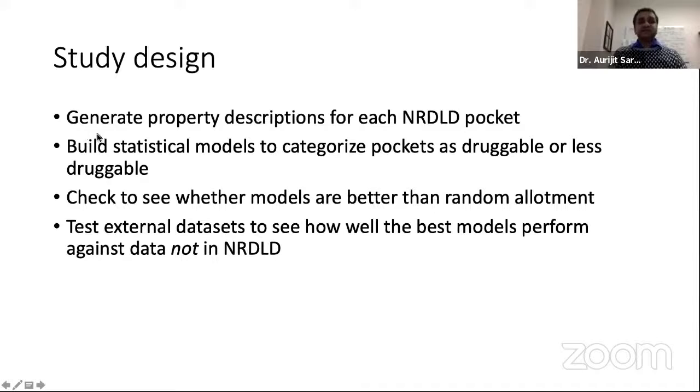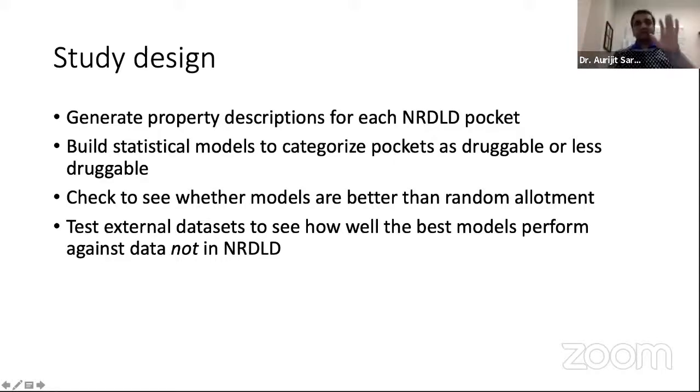These statistical models were based on property descriptions of the pockets. We wanted to check whether these models do better than random allotment. Then we used external data sets in order to demonstrate that the method actually works.